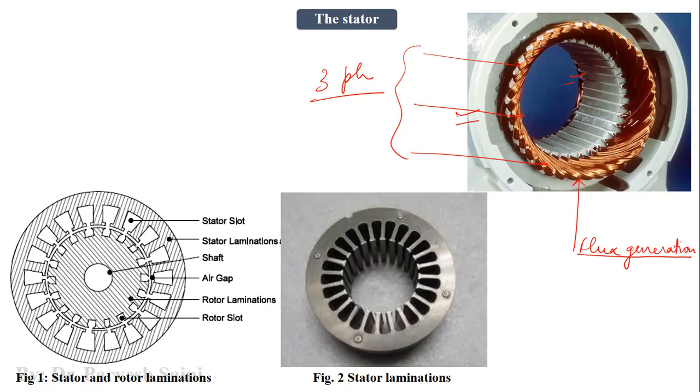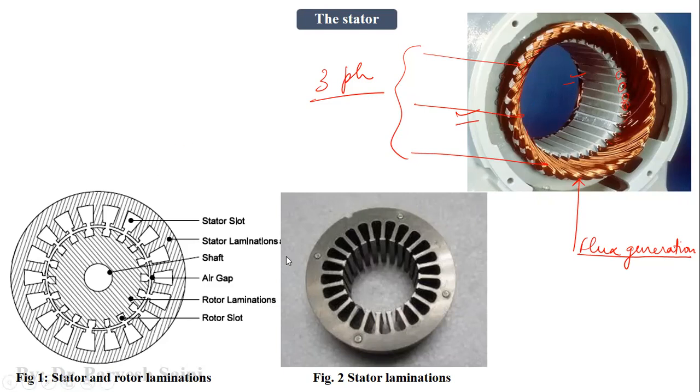And you can also see that we have these slots where we have put all these windings. These are the slots where we have put all this winding, and this winding has three-phase connection. This is a three-phase winding, right? Because it is a three-phase induction motor, and we have to provide three-phase supply to this machine.